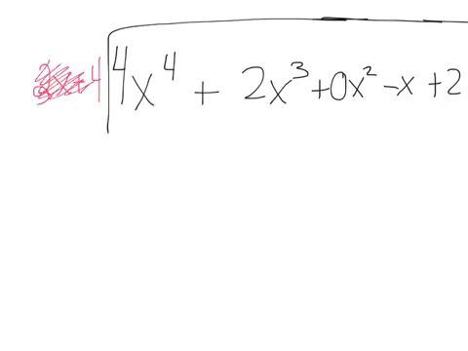Let me just rewrite this. 2x squared plus 3. Let's make it a quadratic. Alright, so our divisor is 2x squared plus 3x plus 4. Our dividend is 4x to the 4th plus 2x cubed plus 0x squared minus x plus 2. It's a lot going on here.